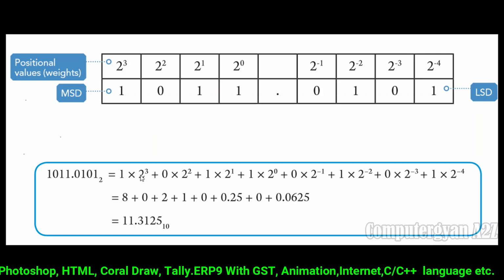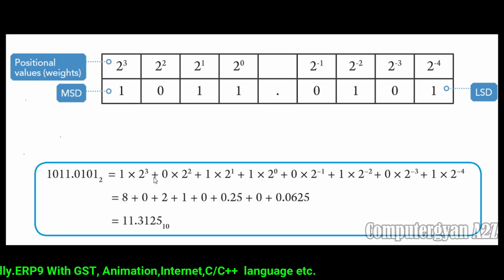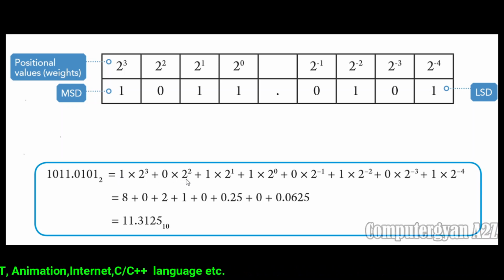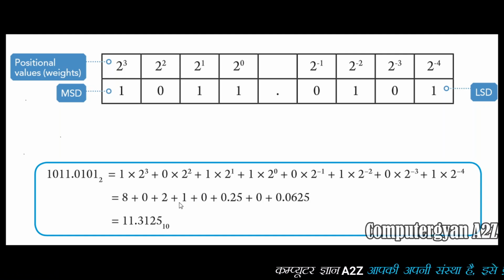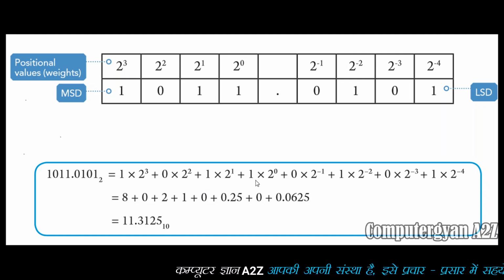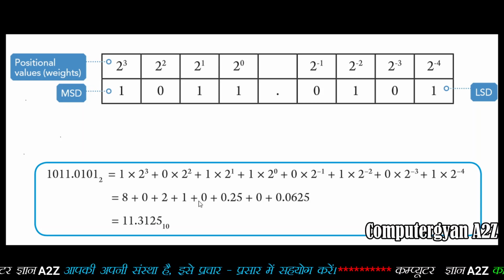In the next line, 1 multiplied by 2 to the power 3, the product will be 8, and use a plus sign. After that, 0 multiplied by 2 to the power 2 gives 0, and use a plus sign. After that, 1 multiplied by 2 to the power 1 gives 2, and use a plus sign. After that, 1 multiplied by 2 to the power 0 will be 1, and use a plus sign.